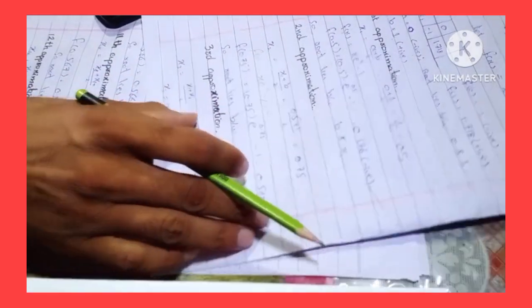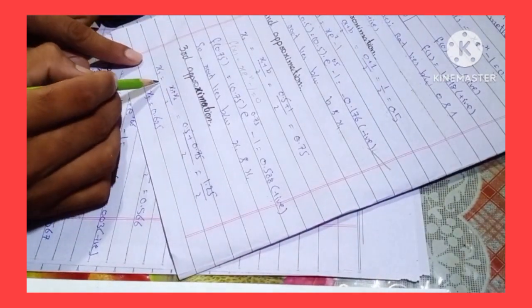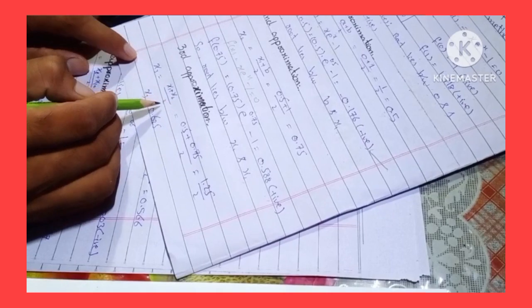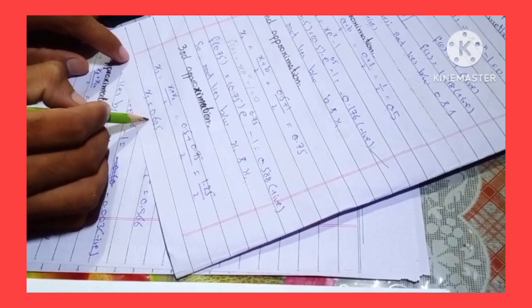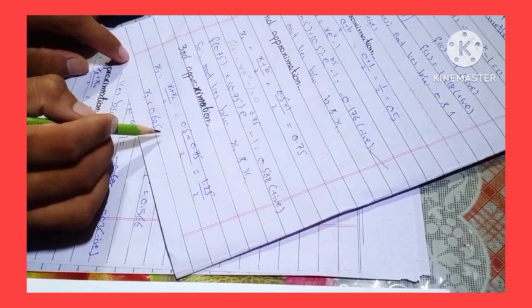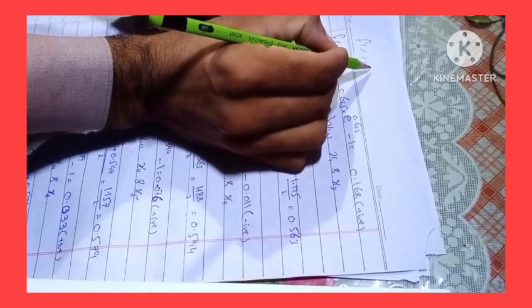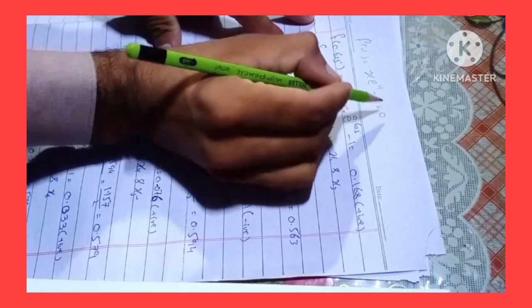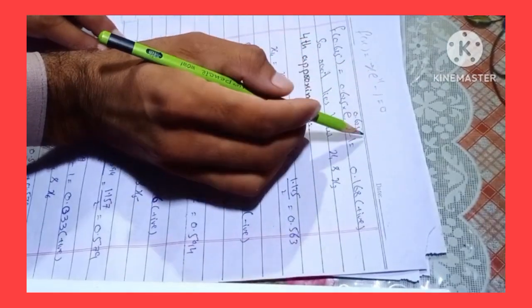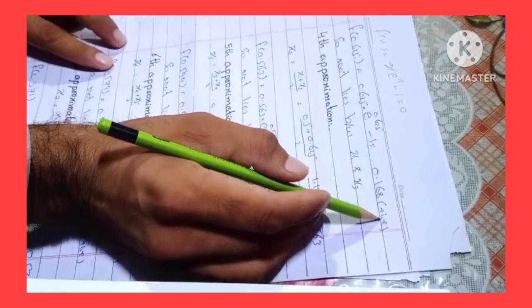So the root lies between x1 and x2, because x1 is negative and x2 is positive. The third approximation is x3 = (x1 + x2) / 2. Putting the values of x1 and x2 and dividing by 2, the final answer is 0.625. We put 0.625 into f(x) = x e^x - 1 to check the sign. Using the calculator we find 0.168, a positive value.